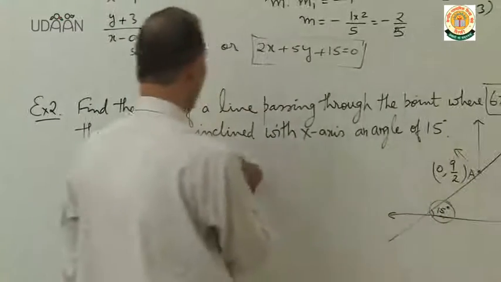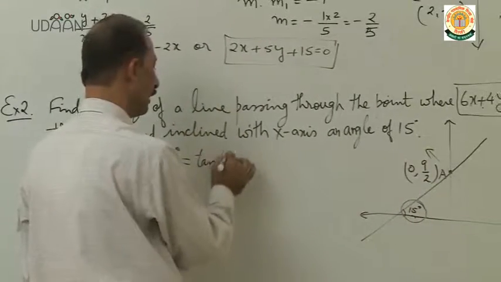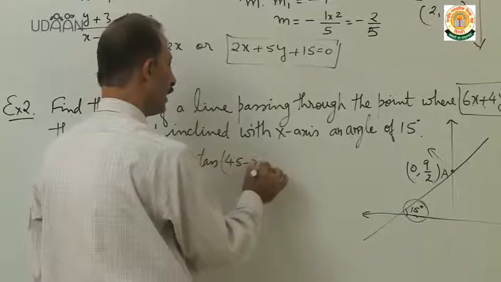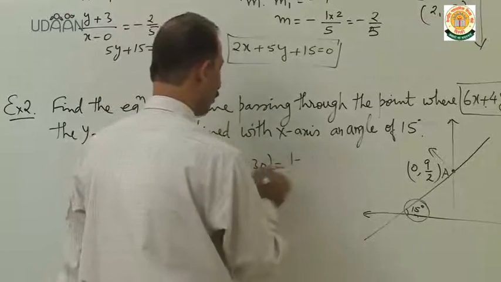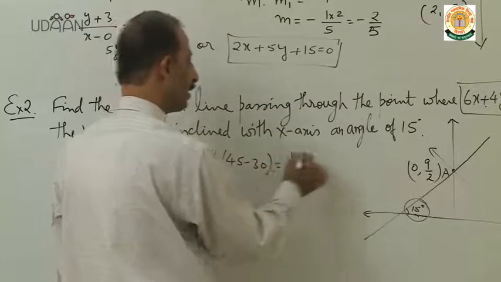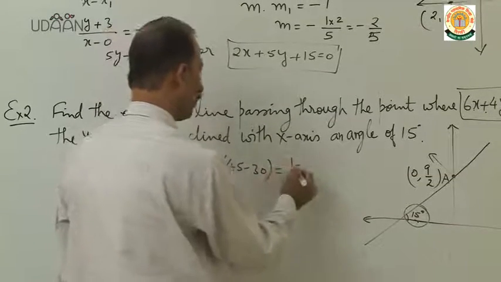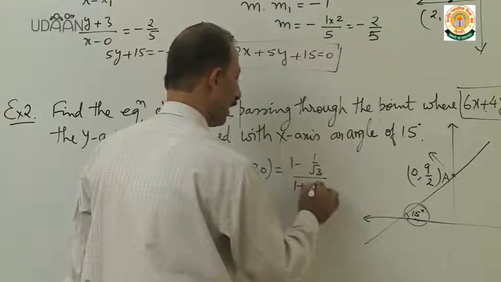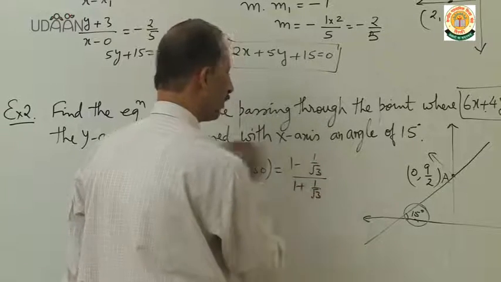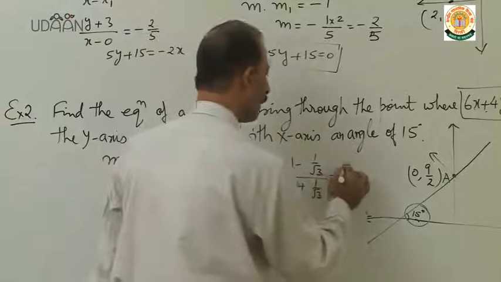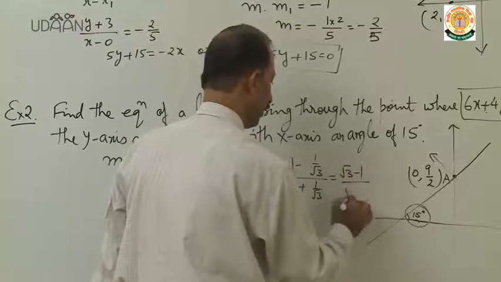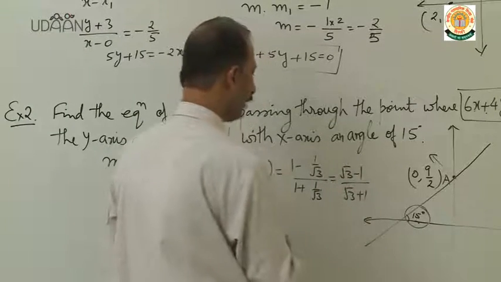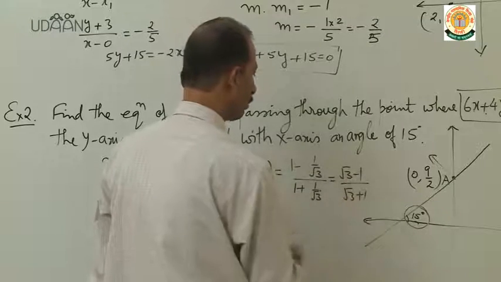You can find this value with the help of tan (45 minus 30) degrees. You know the formula is (tan A minus tan B) upon (1 plus tan A tan B). So (tan 45 minus tan 30) upon (1 plus tan 45 into tan 30). After simplification, you will get the value (√3 minus 1) upon (√3 plus 1).